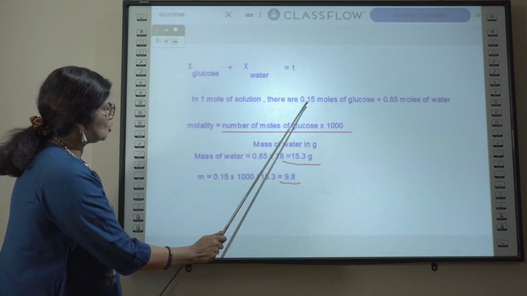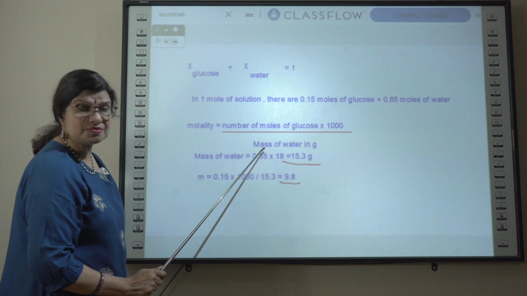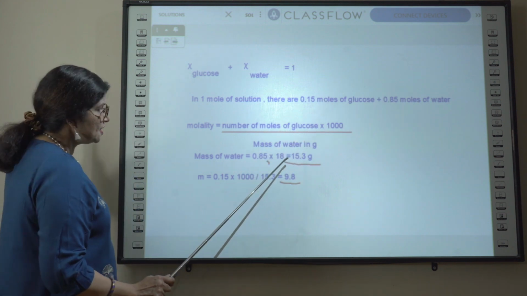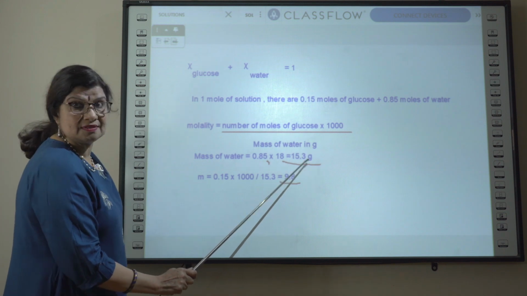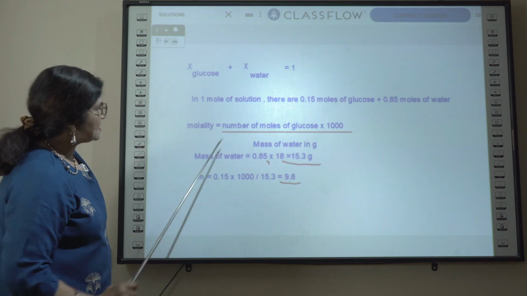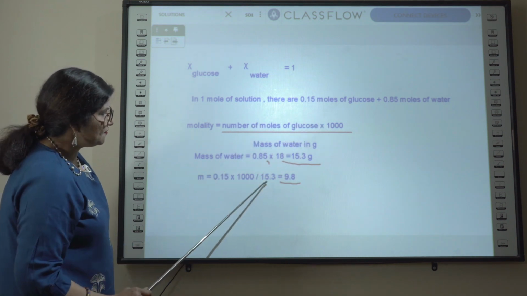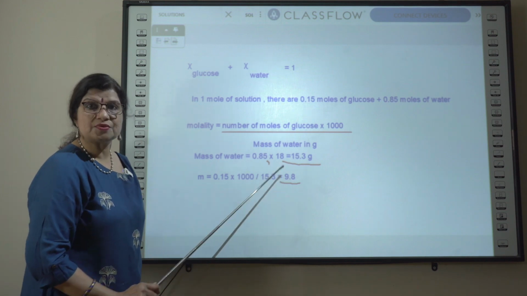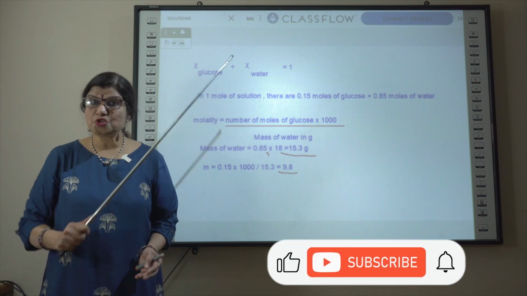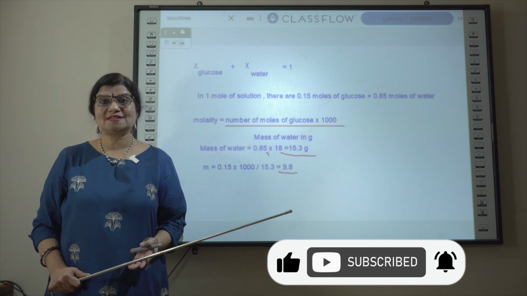Let's find out the mass of water in grams: number of moles of water into the molar mass of water, which is 15.3 grams. Now the final substitution: molality is equal to 0.15 into 1000 divided by 15.3, which is equal to 9.8. So by solving these numericals, I hope you've understood how to relate the various concentration terms.